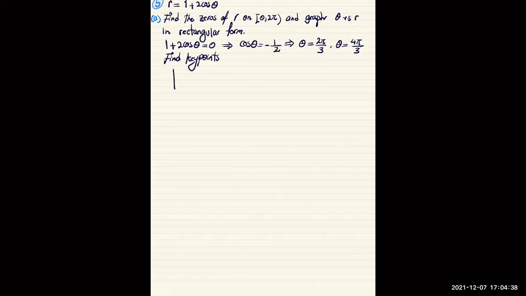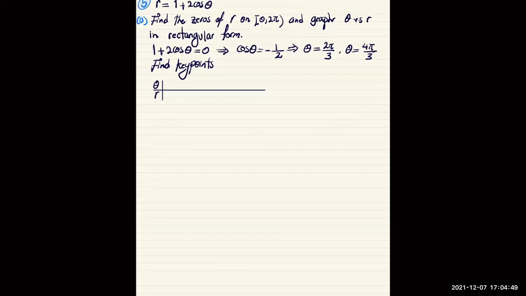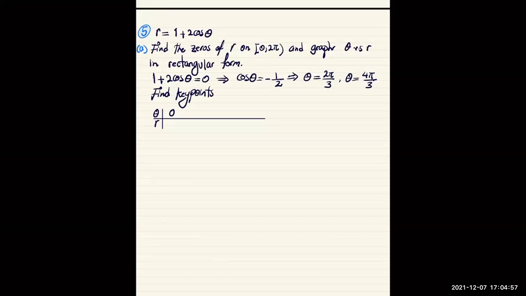So form a table, choose values for theta to get R, and those give you the key points. Just take the easy values for theta. For example, I can take 0 for theta. I'm not going to go crazy with 5 pi over 6 or pi over 6. Plug in 0 here, you get 1 plus 2, which is equal to 3.